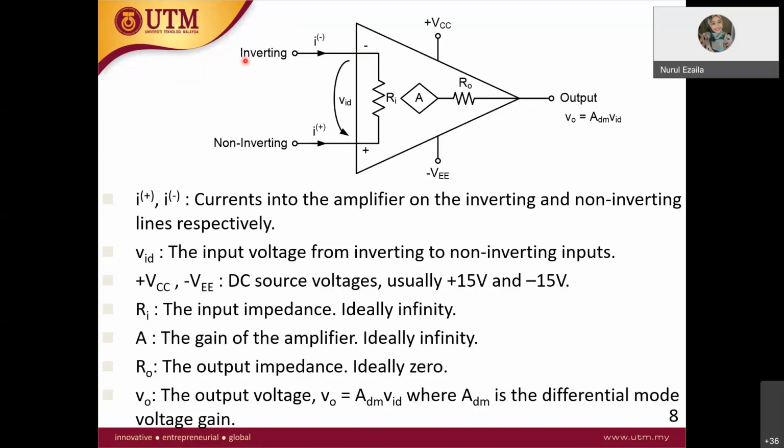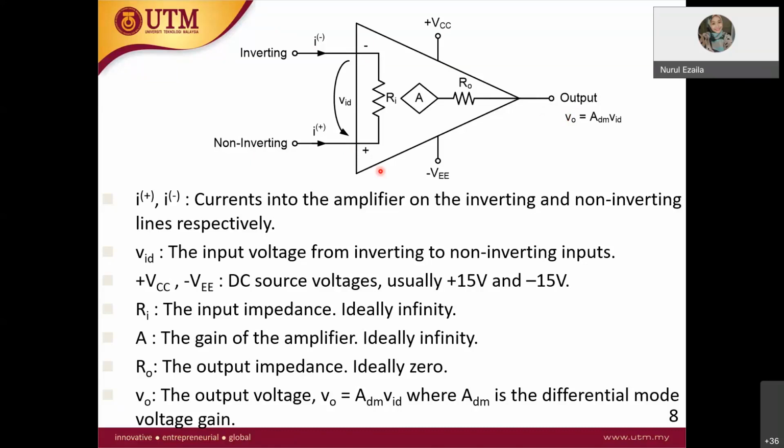From the inverting input, it has current I negative going into your op-amp. From the non-inverting input, you have current I plus, which is going into the positive pin of your op-amp. Finally, you have voltage V out, which is equal to the gain of this op-amp. As you know, for the amplifier that you have done in BJT and MOSFET, the aim is to find the gain.